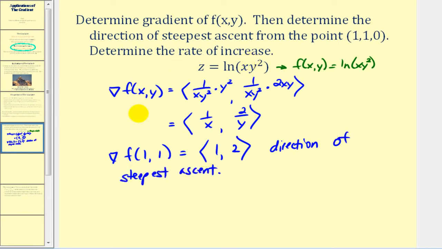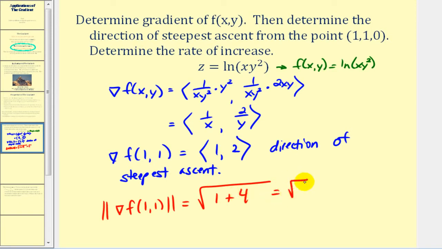And then the actual rate of increase is equal to the magnitude of the gradient at the point 1, 1. That's going to give us the square root of 1 squared, that's 1, plus 2 squared, that's 4, or the square root of 5, which is approximately 2.24.